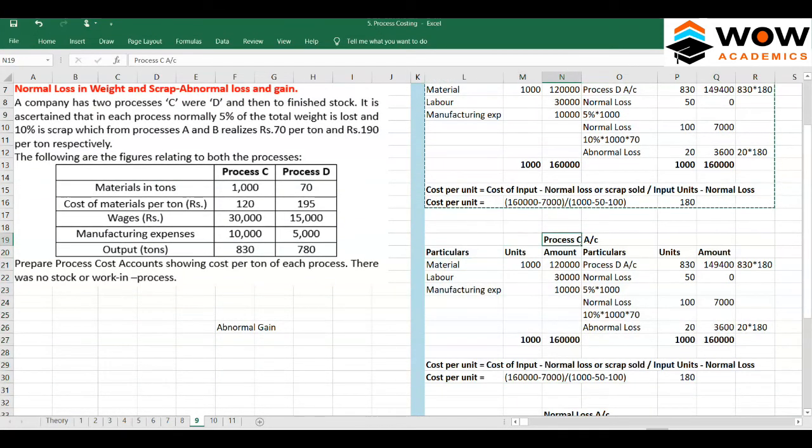So we can start with process D. Process D would move like this. The first item will not be material here, like how we did for all the sums.